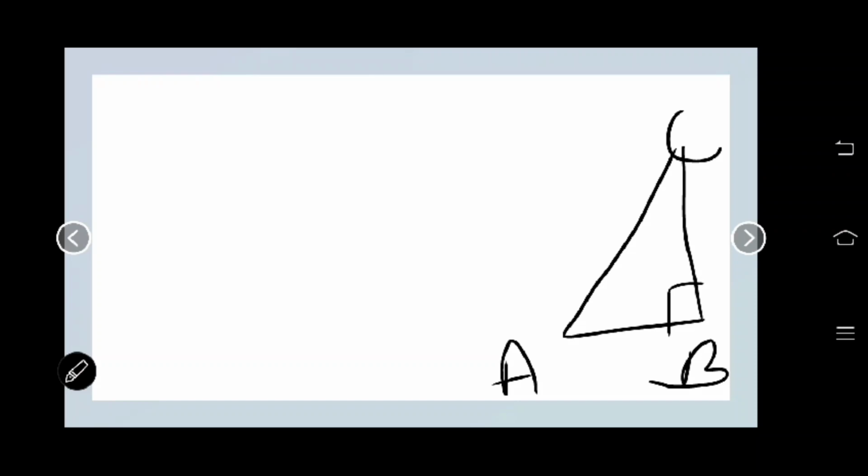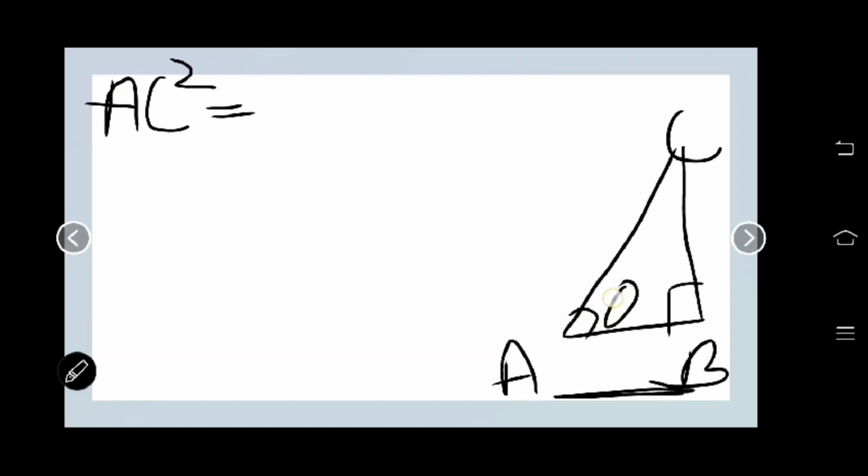Right angle triangle means 90 degrees, right? So this hypotenuse is the longest side, so you take the longest side first. So AC square is equal to side square plus side square. You may get a doubt which side to take first. You can take the adjacent side first.